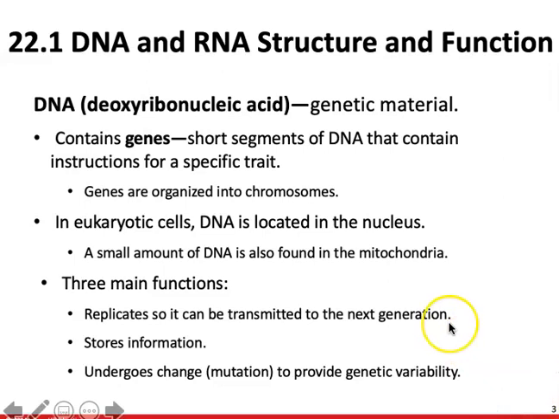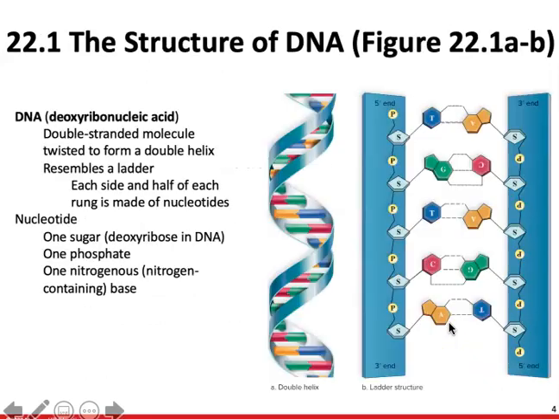Each side and half rung is going to be made up from a string of repeating nucleotides. So what we have here is one side of the ladder. These are the rungs of the ladder. If you were to split these rungs right down the center, you're going to see a repeating sugar phosphate backbone.